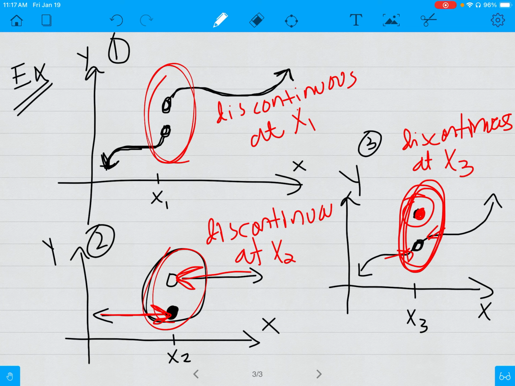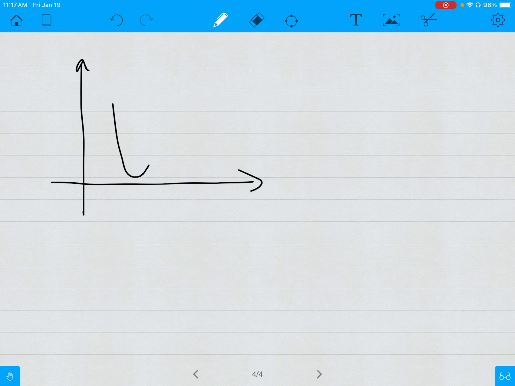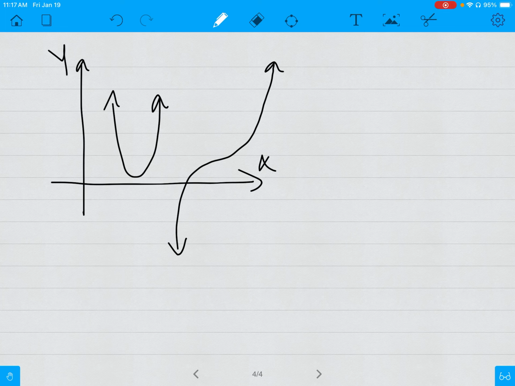And so that is the idea with thinking about when functions are continuous at a point or discontinuous at a point. A lot of functions that we deal with routinely, for example quadratic functions, cubic functions, or just linear functions, like a straight line, all of those are continuous everywhere.